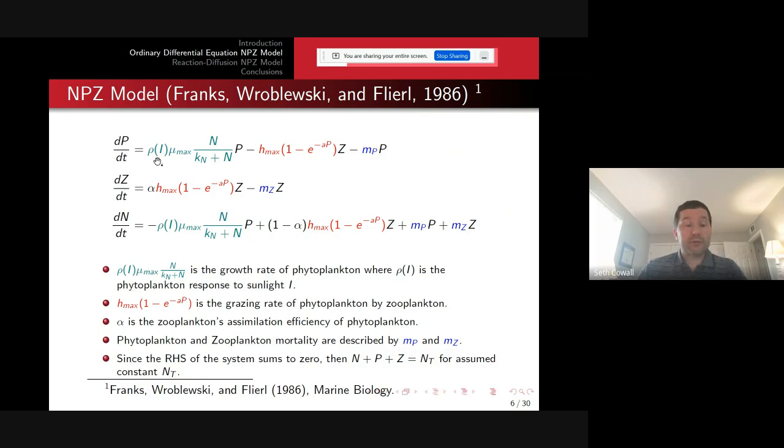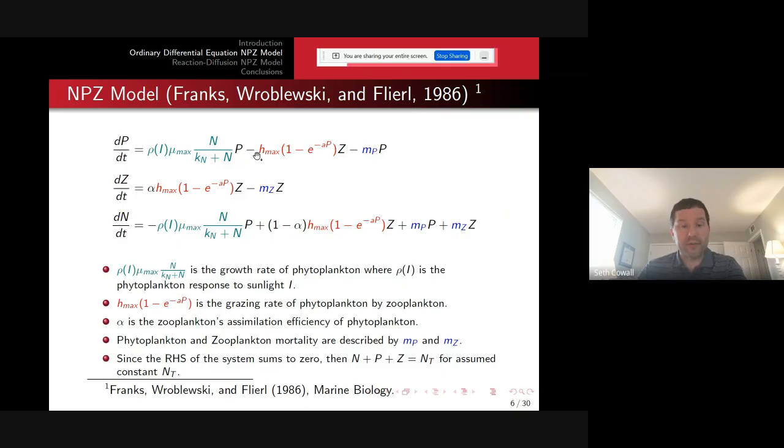Notice this growth rate is in the phytoplankton equation, and it also shows up as a negative in the nutrient equation because the nutrient loss is the phytoplankton gain. And over here in red, we have the predation term, as the zooplankton graze on phytoplankton.